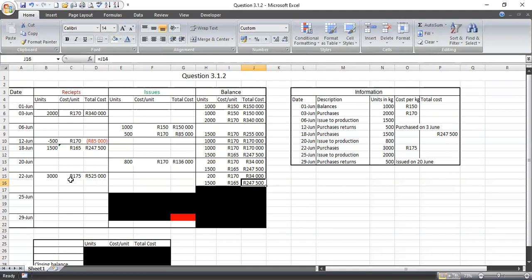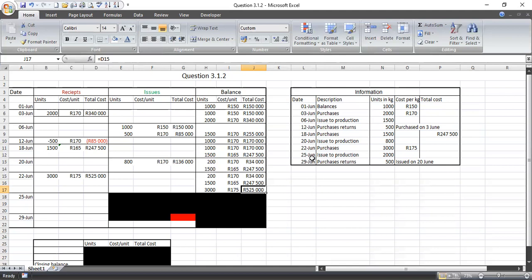From there, we reflect the purchases that we made in our balance, where we say 3,000 units at a cost of 175 and at a total cost of 525,000.